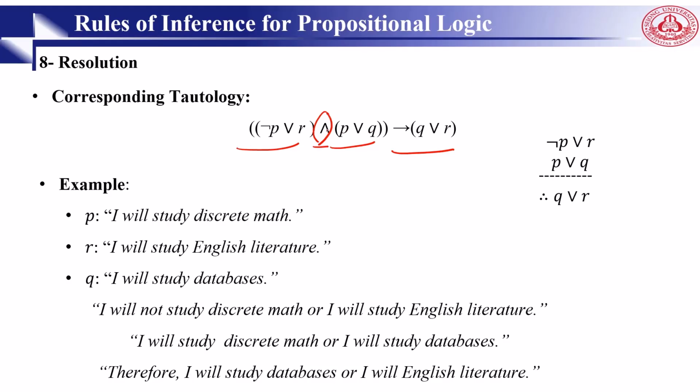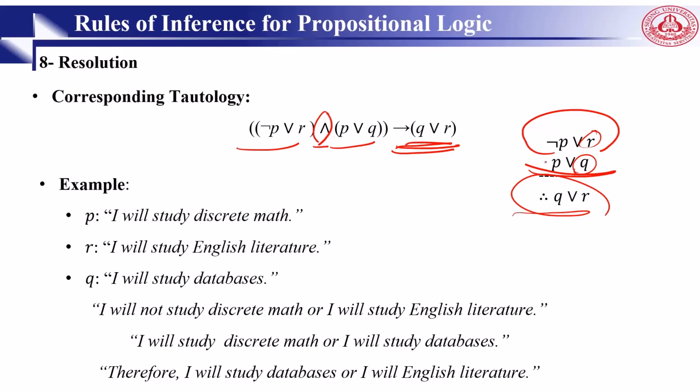So out of these two, R will come outside. We can come to the conclusion Q or R, because R will come up here anyway. Q also comes up here, but P does not come up because this negation and P are in contradiction.